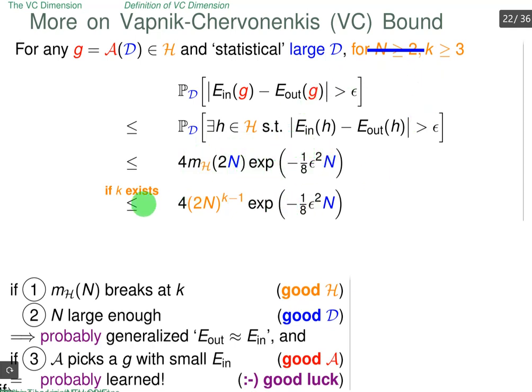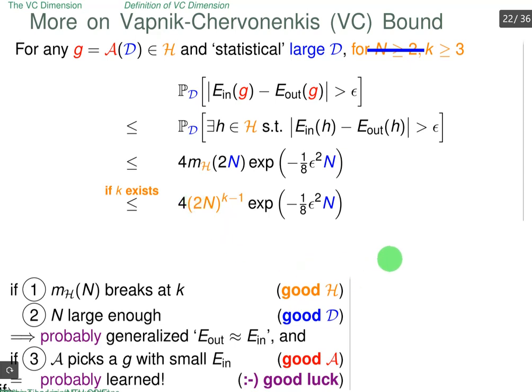And if we have a breakpoint for the given hypothesis set that we are analyzing, it's even better. The bound will be 4 times (2N) to the power k minus 1, times the exponential. So if you have a large amount of data, and also there is a breakpoint, then the right hand side of this inequality will be small, or will exponentially decay.